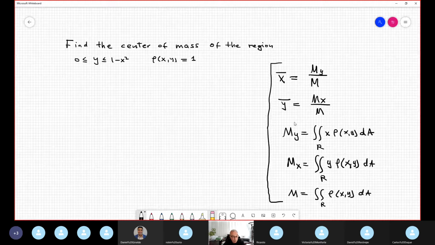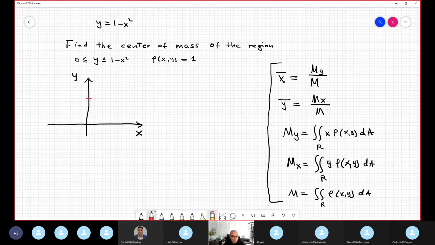Let's do it. Okay, so my step number 1 is to draw the region. Fortunately, it's two dimensional. Basically, y equals 0 is the x-axis, and y equals 1 minus x squared is a parabola, opening downward.